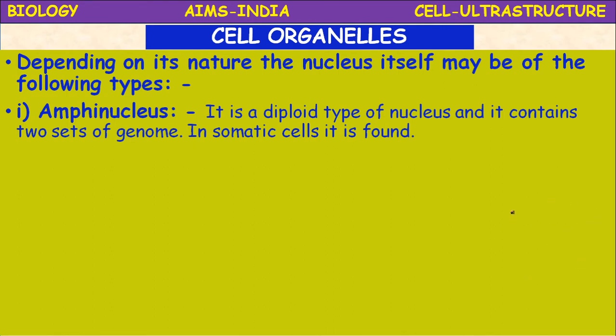Okay, somatic. What is somatic? Means vegetative cells. Other than spermatozoa and ova, the remaining cells of the body are called somatic cells or vegetative cells, whereas the cells produced from the reproductive organs are called germ cells or reproductive cells.